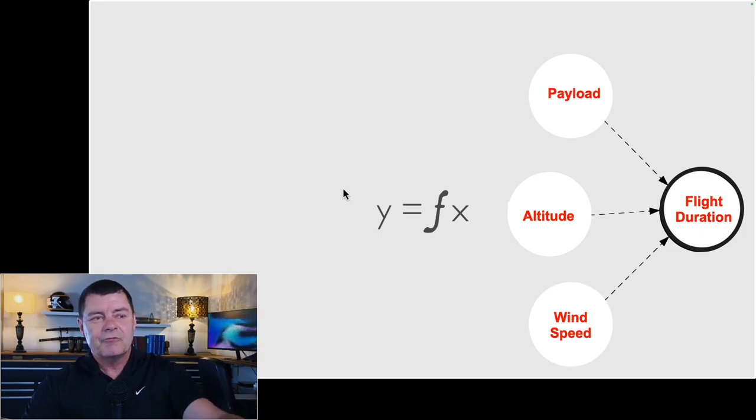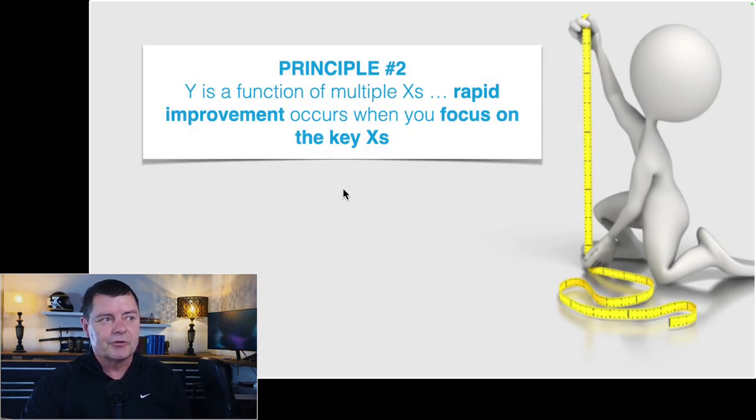So that would be a visual representation of the idea that y, which in this case is flight duration, is affected by the x's, which in this case are payload, altitude, wind speed, distance, who's flying it, and so on, right? So y is a function of x. Now, the second part of the principle is this. Rapid improvement occurs when you focus on the key x's. And we alluded to that in the first principle, and that's what this particular principle is going to focus on specifically.